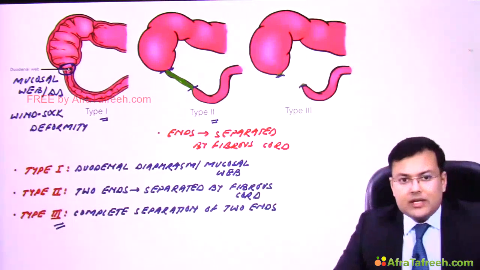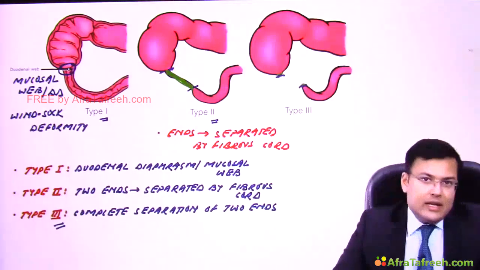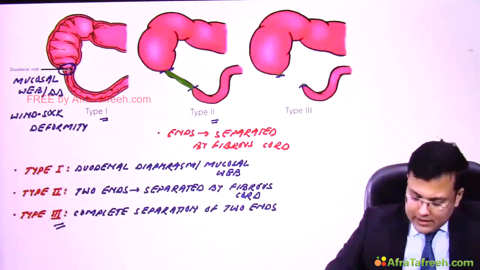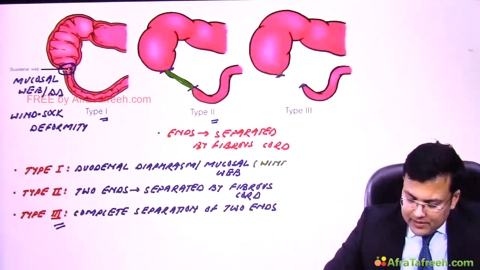So these are the three types. Type 1 has a duodenal diaphragm, mucosal web, which is also known as windsock deformity.